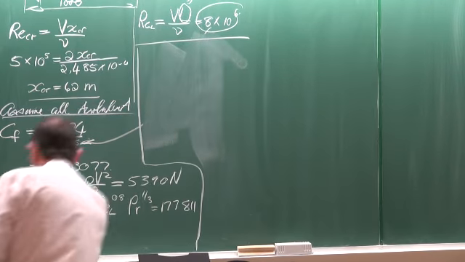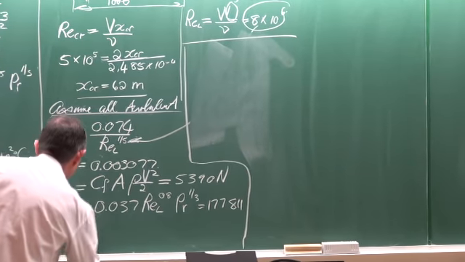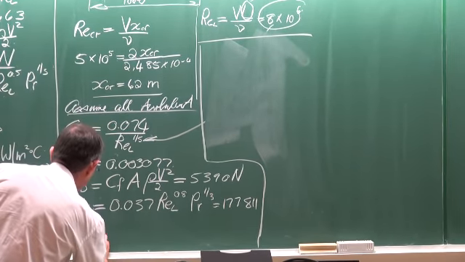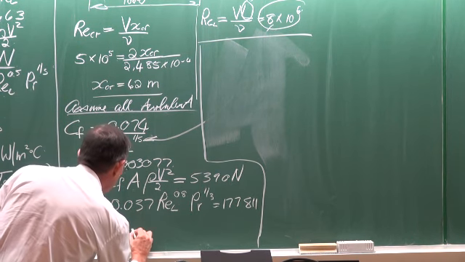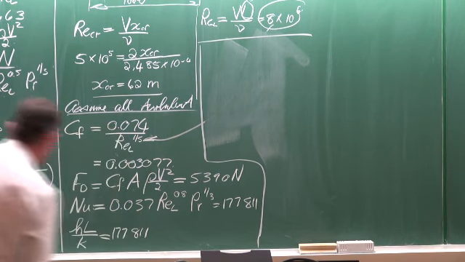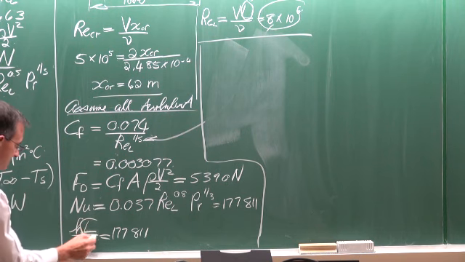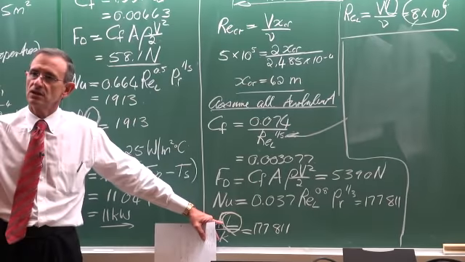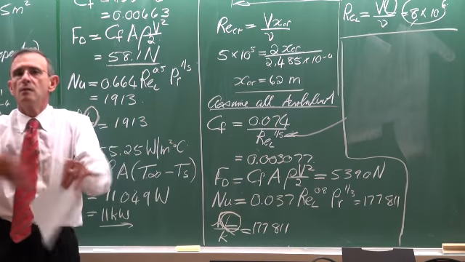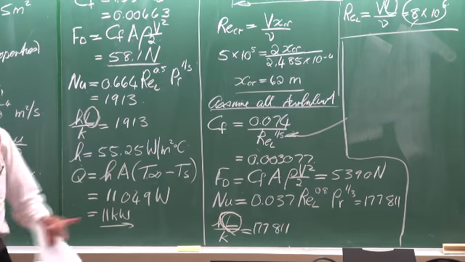Calculate the Nusselt number, the heat transfer coefficient multiplied by L divided by K is now equal to 177,811. Now the length is 1,000 meters, because it is the Nusselt number based on 1,000 meters.